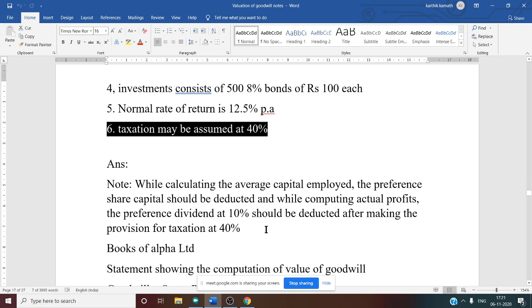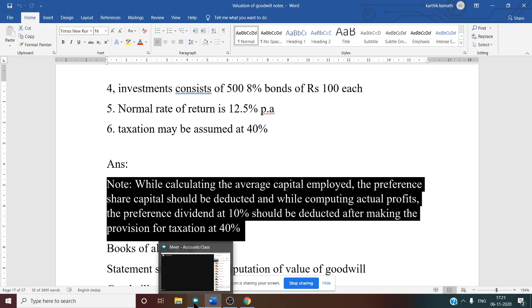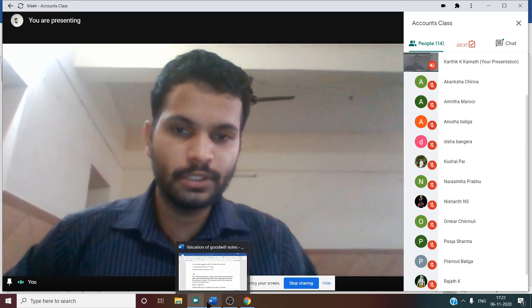See this. While calculating average capital employed, preference share capital should be deducted, and while computing actual profit, preference share dividend at 10% should be deducted after making provision for taxation at 40%. So if you see this note, you should know the two methods that we discussed in the previous chapter for valuation of shares.